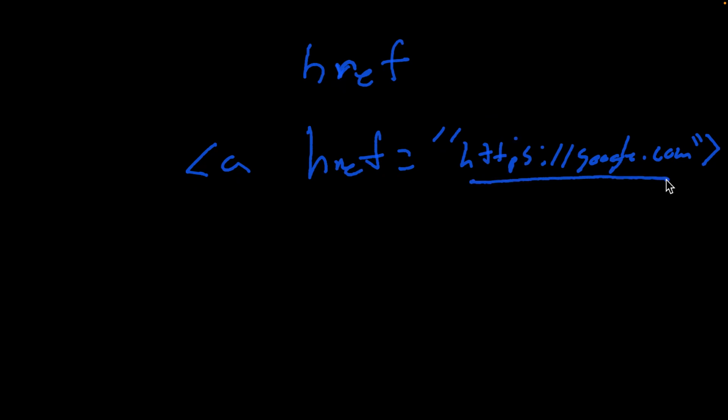Okay, is there a closing tag for an A tag? I see some nods. Yes, it looks like this. And then what goes in between the closing and the opening of the A tag?